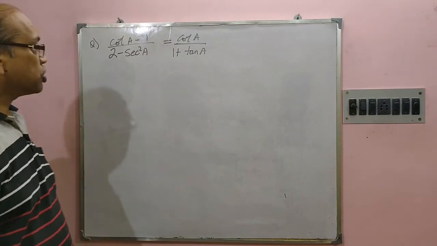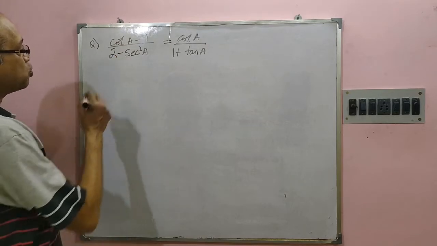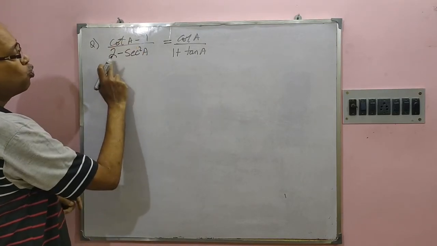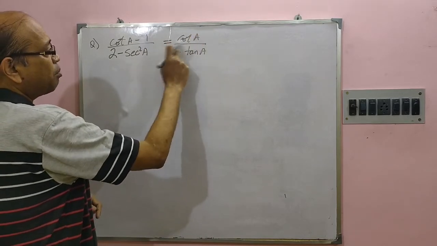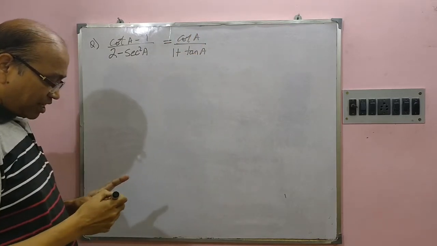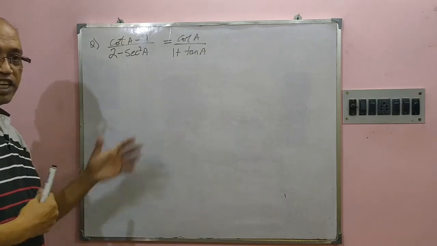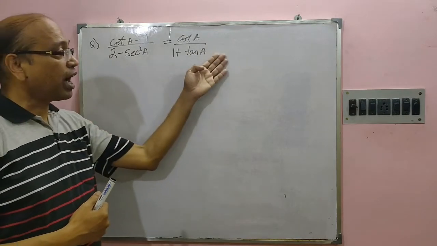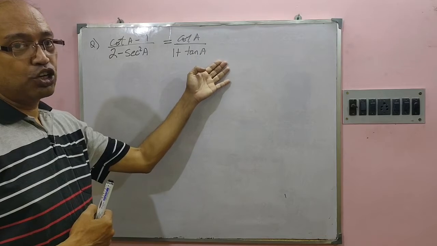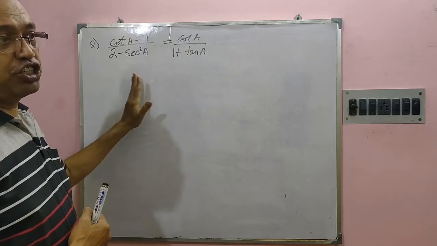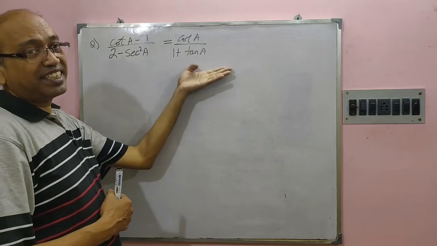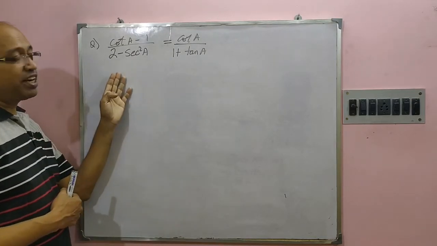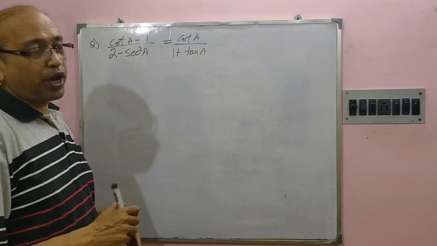The next question, cot A minus 1 by 2 minus secant square A is equal to cot A by 1 plus tan A. I said when we try to solve identities, we always look at the right hand side and then we try to change the left hand side. Now we see in the right hand side there is tan, and in the left hand side there is secant square.